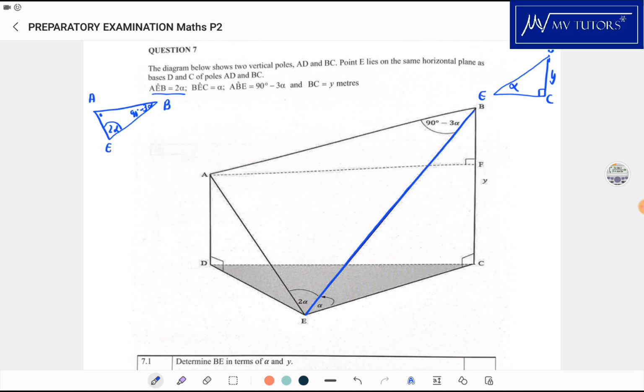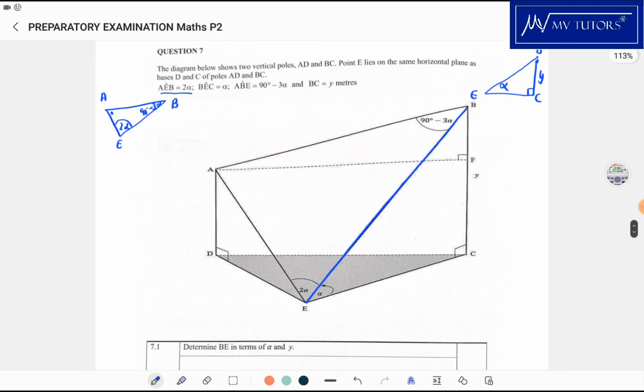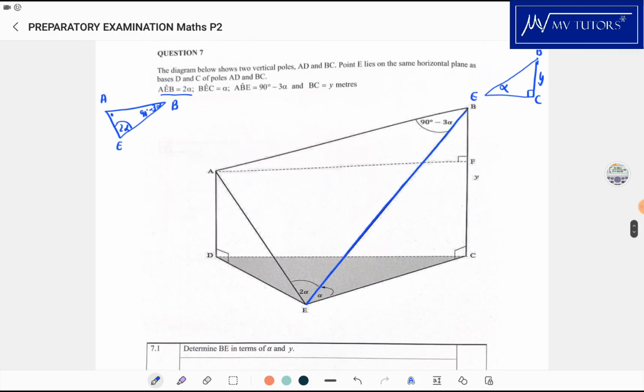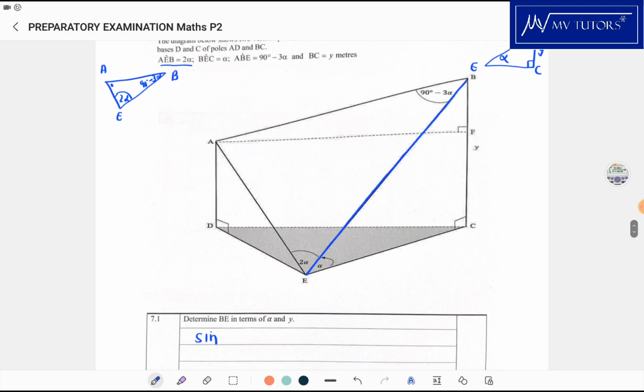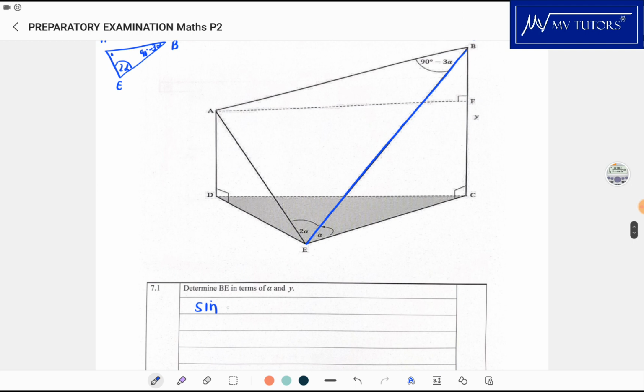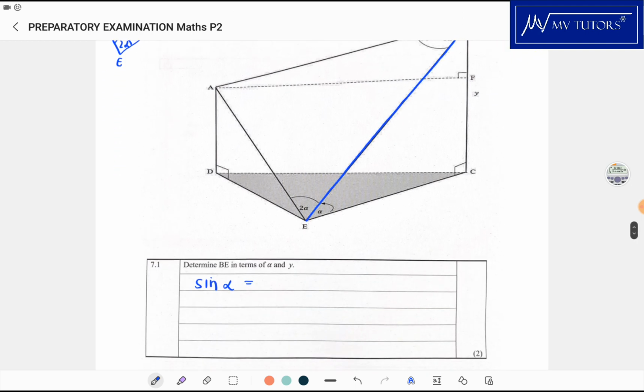So I think that is where we will start. In terms of this right angle triangle, we can use that to determine what BE is. We can use sine. So if we say sine of alpha is equal to y over BE.